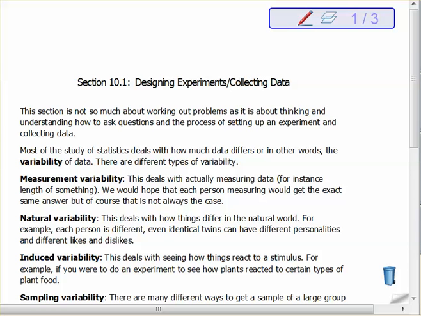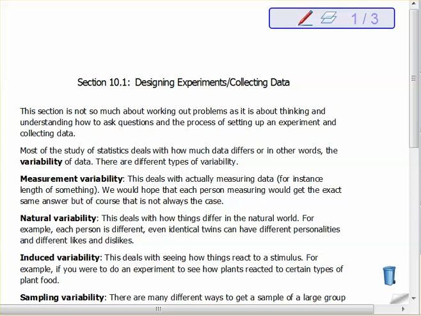Then we have what's called induced variability, and induced means you are introducing something to create a difference in an item. Like if you were to do an experiment to see how plants reacted to a different type of plant food, you would say, okay, this group of plants I'm going to give this kind of food to, and this group of plants I'm going to give another kind of food to.